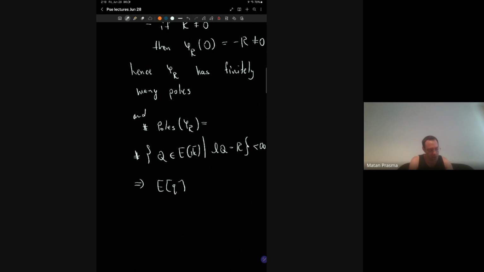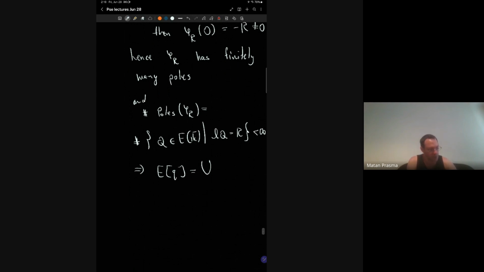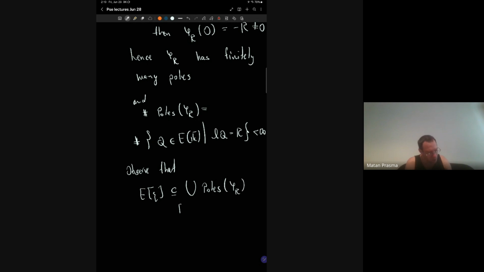In particular, EQ is contained in the union of all the poles of phi R for R belonging to EK. Right?